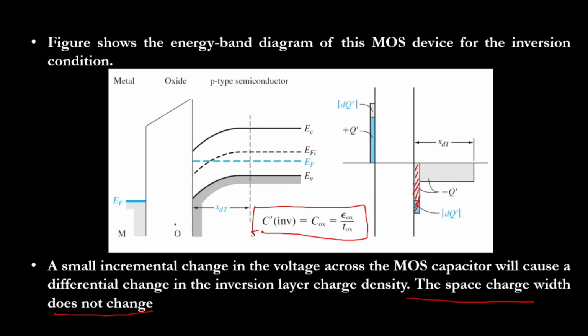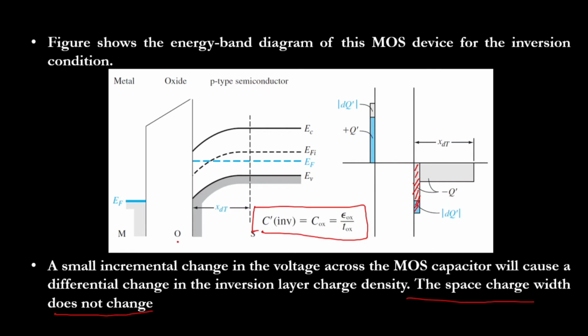These are the three modes of operation of a MOS capacitor: one is accumulation, second is depletion, third is inversion. In these three cases, what would be the capacitance?